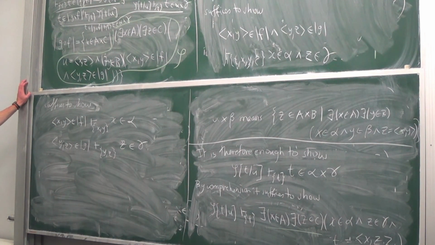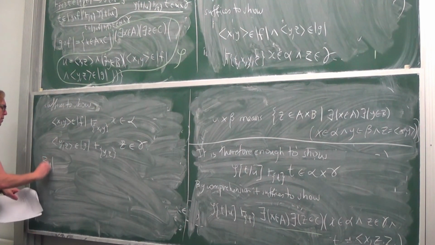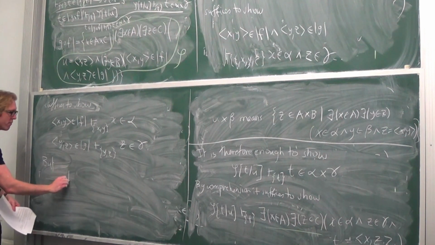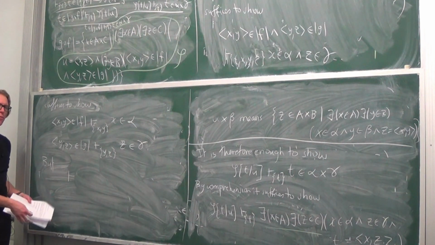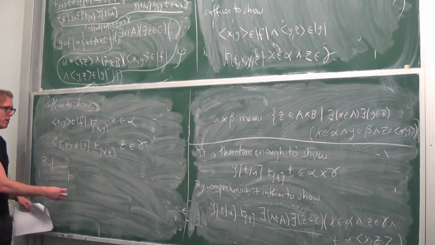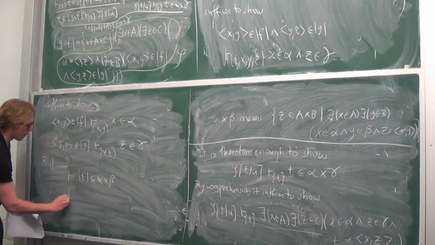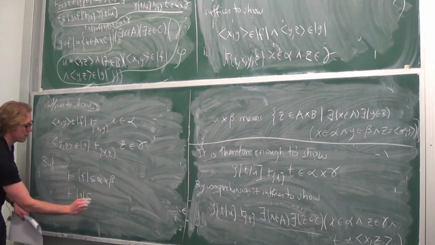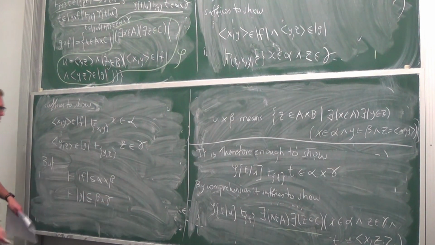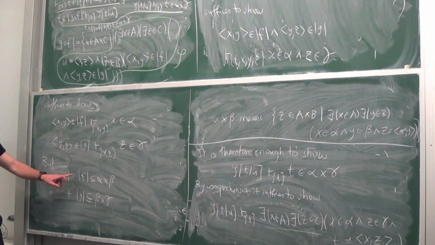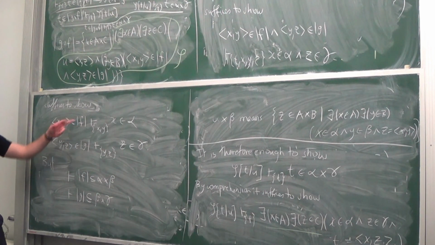All right, and then what do we do? As part of the definition of this being a morphism, we don't quite have a proof, but we know that this is in the entailment relation. So we know that F is contained in alpha cross beta, and G is contained in beta cross gamma. If we unpack what those mean, that's a for all, we can move that down into the context, etc. And once we look at this containment, it means that if xy is in F, then x must be in alpha.